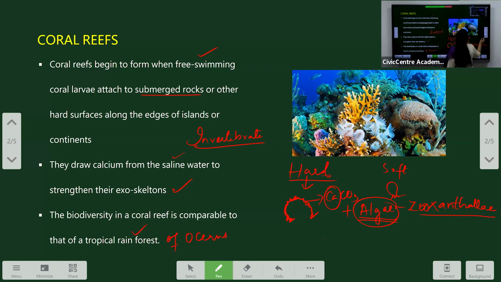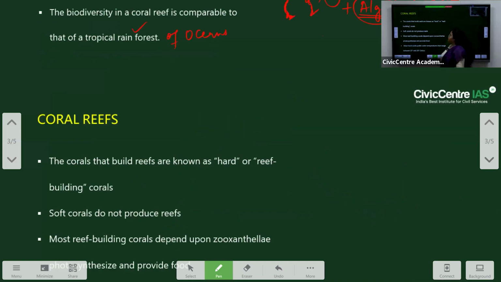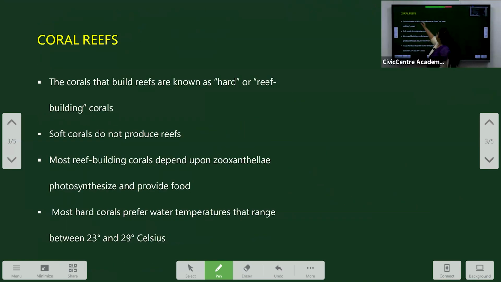Now, the corals also build coral reefs. We have already seen they have exoskeletons. These corals live in colonies, so they live together. And when they die, the exoskeletons form a hard surface in which other corals come and live.